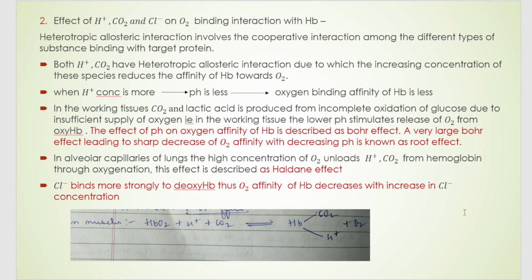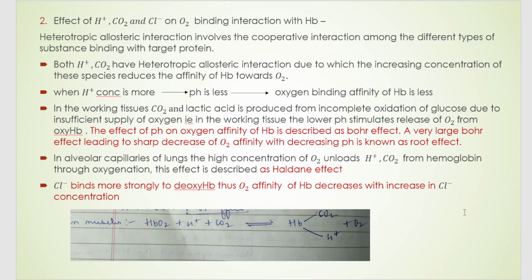Now, what is heterotropic allosteric interaction? It is also one type of cooperative effect where binding of one atom, like H plus, favors the binding of the second atom, which may be same or different. Okay, are you understanding the difference? Binding of one atom or molecule to the hemoglobin favors the binding of a second atom or molecule, which may be the same as the first or different.